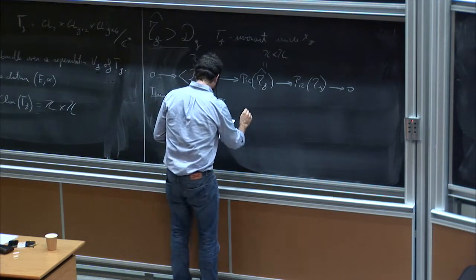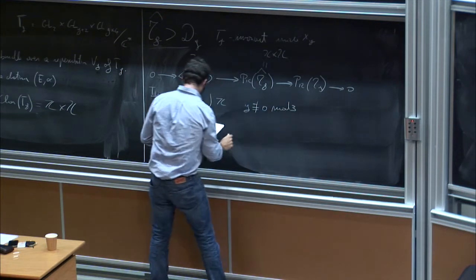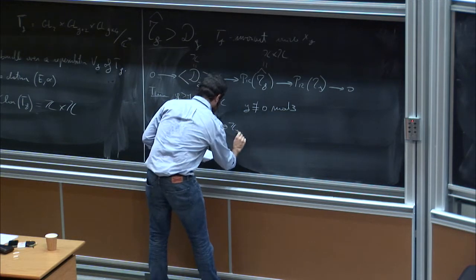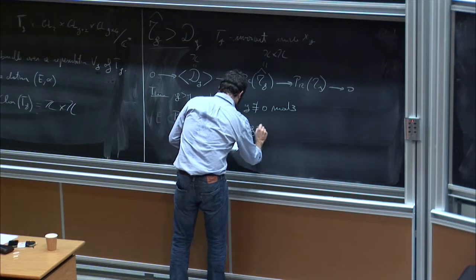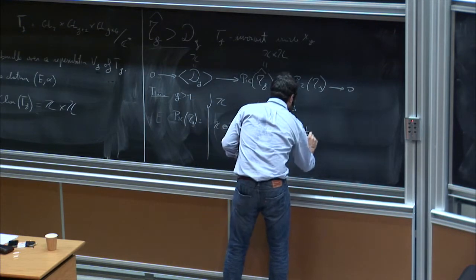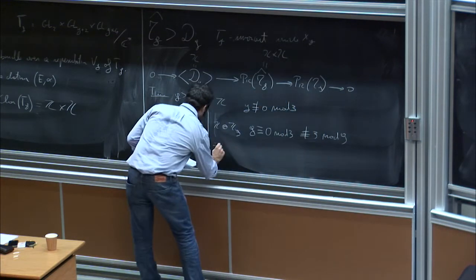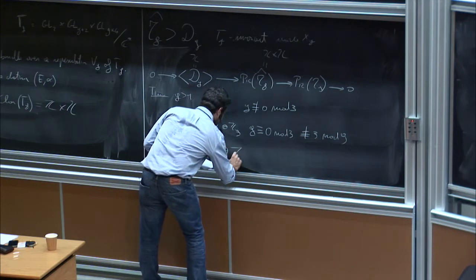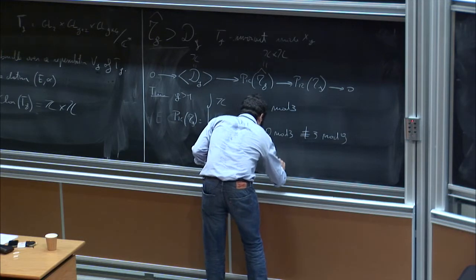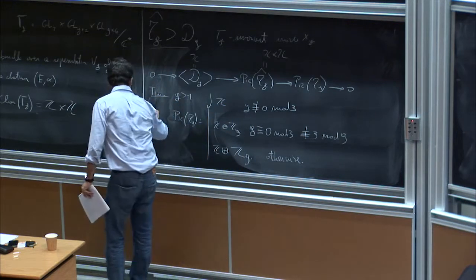It is Z if the genus is not equivalent to 0 modulo 3, Z plus Z/3 if g is equivalent modulo 3 to 0 and not equivalent to 3 modulo 9, and Z plus Z/9 otherwise. Okay, and this is a joint work with Vistoli.